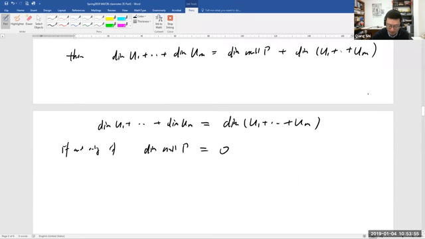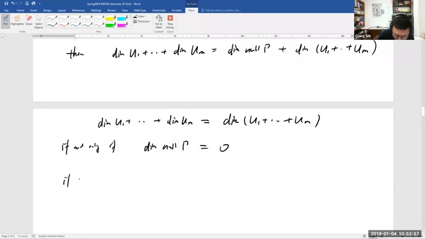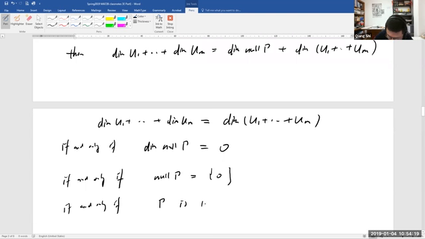So this is an if and only if statement. The dimension of null gamma equal to 0 is if and only if the null space of gamma is only 0. But that means, if and only if, gamma is injective.